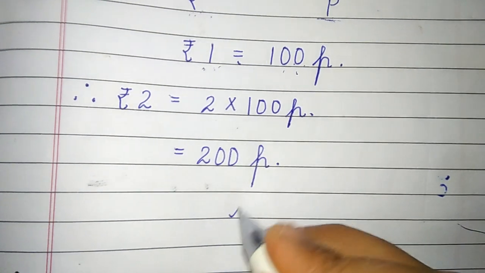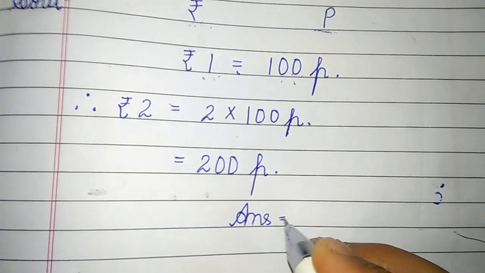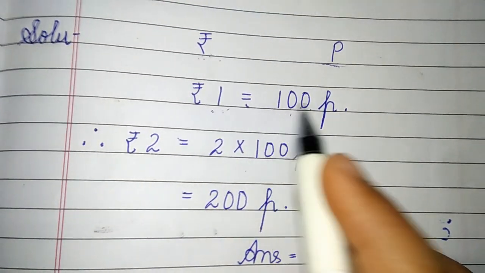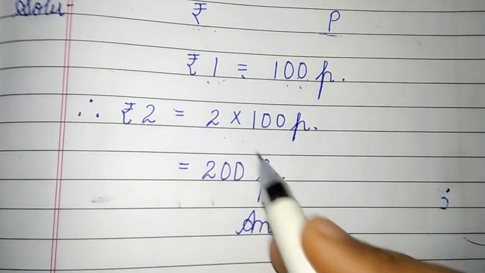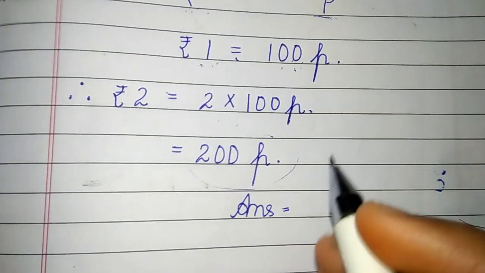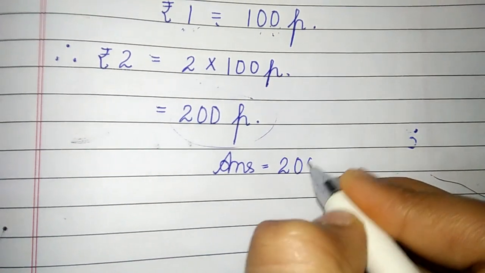Clear? Children, 1 rupee has 100 paise. Then 2 rupees will be how much paise? 200. Clear? Now answer 200 paise.